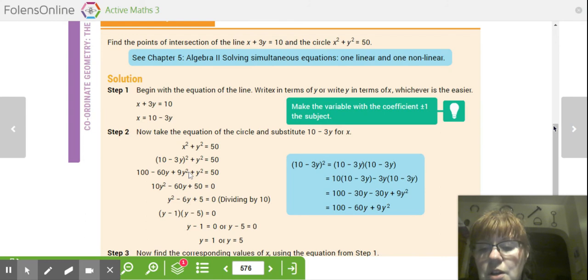Okay. So then I can now add my 9y squared and the y squared, and I get 10y squared minus 60y, and I would have plus 100. And you take your 50 across, so it's plus 100 minus 50, and that's 10y squared minus 60y plus 50.